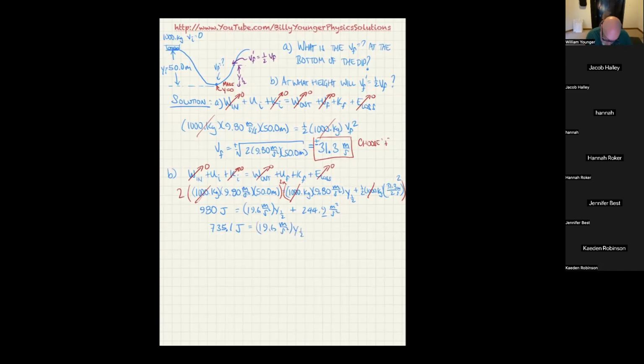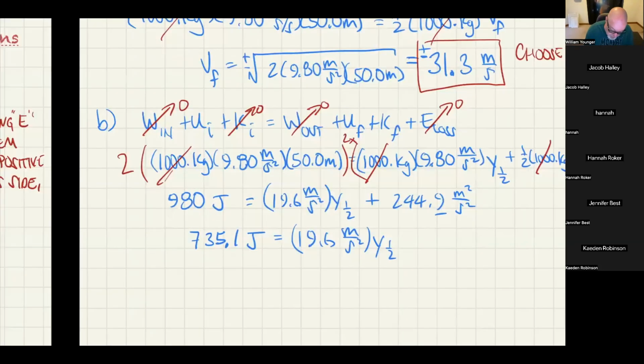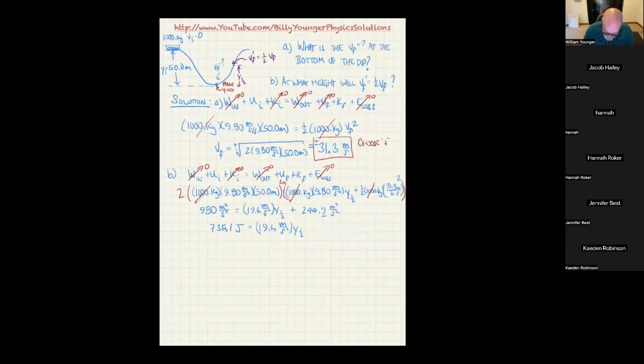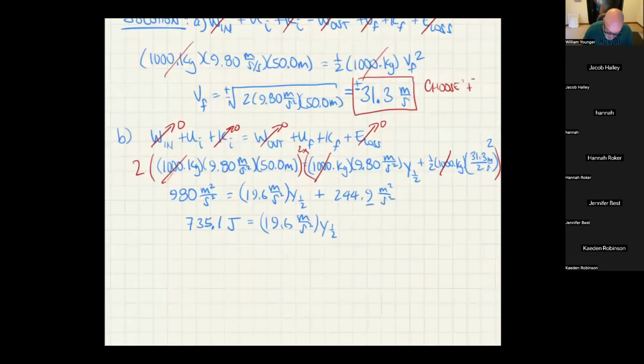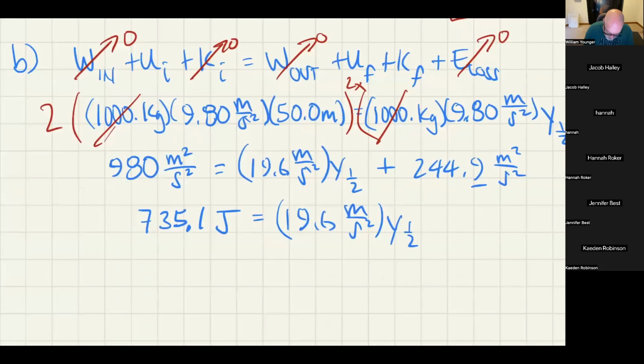Now notice, that wasn't joules when I wrote that 980 there. Sorry about that, everybody. That was meters squared per second squared. Let me fix that. Remember, it would have been joules if I hadn't canceled out the kilograms, but I had canceled out the kilograms. So the same thing happens here. This is going to be just meters squared per second squared.